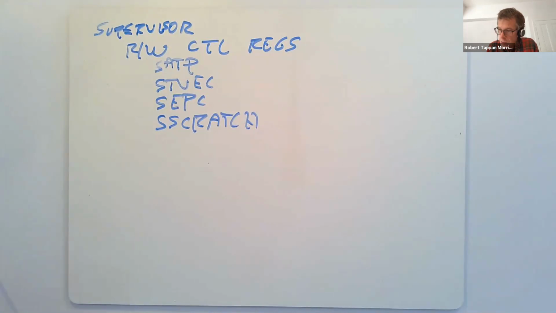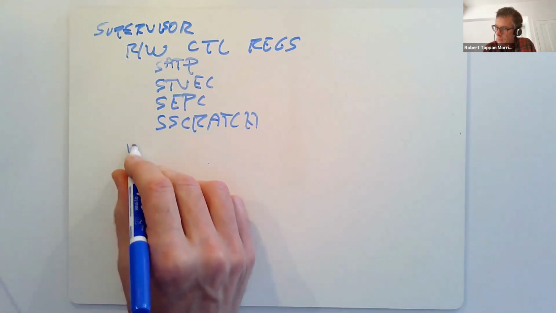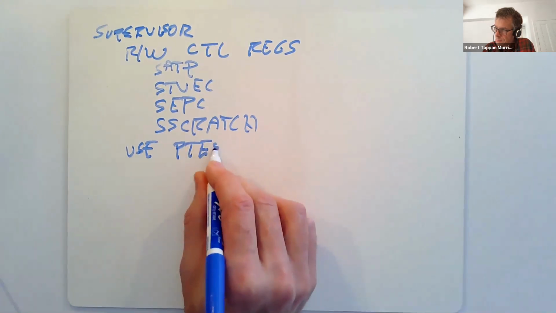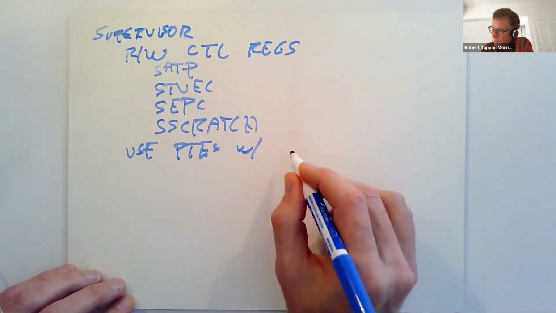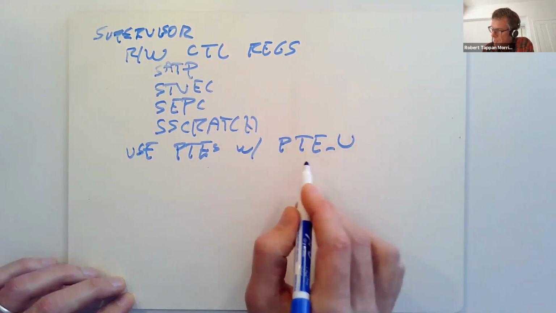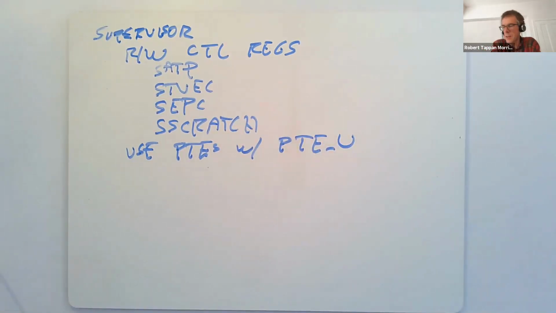The only other thing supervisor code can do is use PTEs that don't have the PTE_U flag set. I don't know if you remember, but there's this PTE_U flag that can be set or not set in each page table entry.